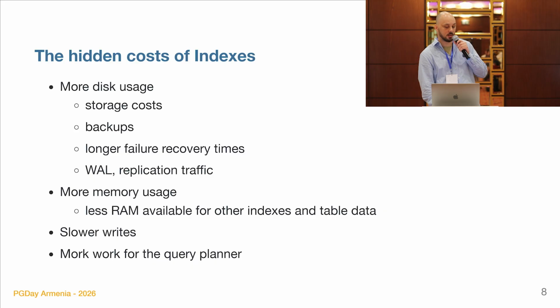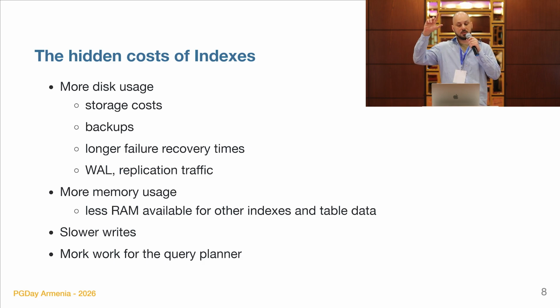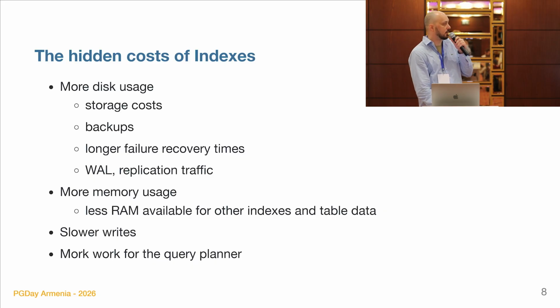Also, we will have slower writes, because with that tree structure, we have to maintain those properties of being balanced and ordered. So every time we write into a row and we're updating a column that is indexed, we have to update the index as well. And it can be a relatively expensive operation.